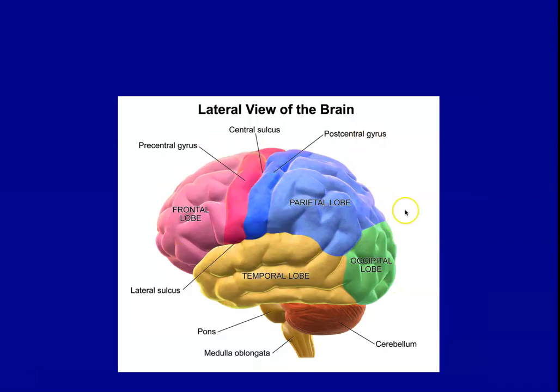Here's a nicer, more complete picture. Here you can see the pons sticking out, the medulla oblongata. This goes down to the spinal cord, the cerebellum. Here's your occipital lobe, your temporal lobe, parietal lobe. Here's your postcentral gyrus and your central sulcus down the center. So this is the central sulcus reference point. They call this the postcentral gyrus, and they call this the precentral gyrus, before the central sulcus and after it.